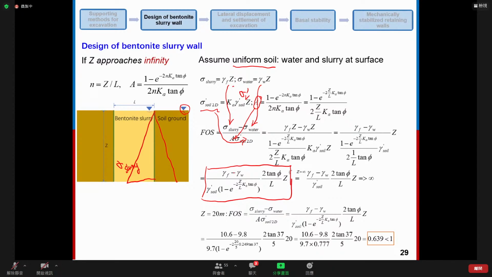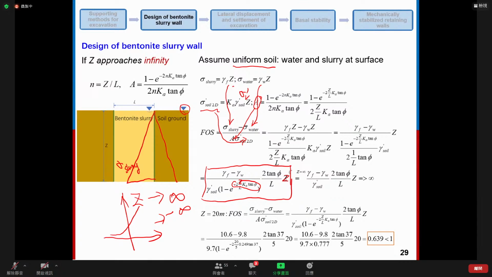Okay, so right now let's consider what happens if the depth Z approaches infinity. Let's see, here we have the depth and depth here. For this term, if Z approaches infinity, this whole term approaches minus infinity. For the exponential function, the curve is like this.